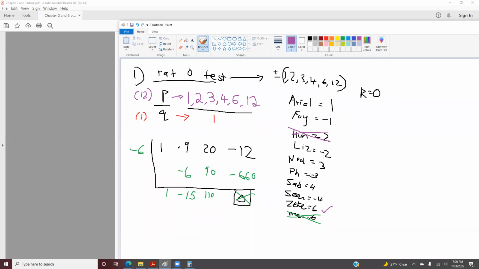Sabrina says 4 does not work. Okay, Ariel, have you done yours yet? Does not work. How about Fossil with -1? No. Liz, -2, she said does not work.